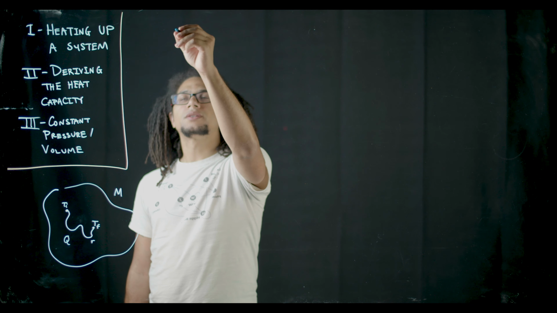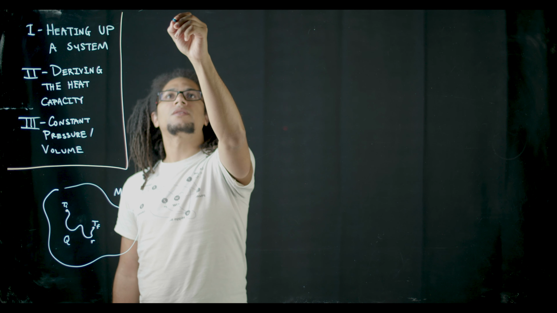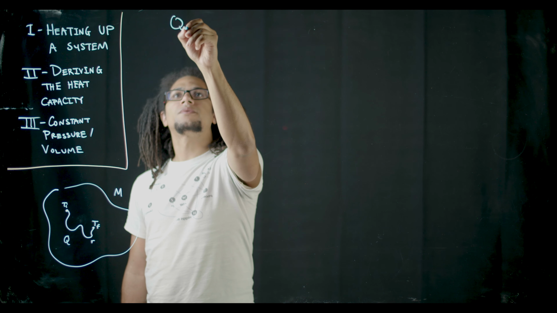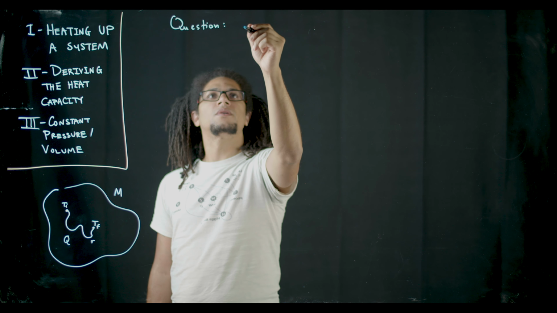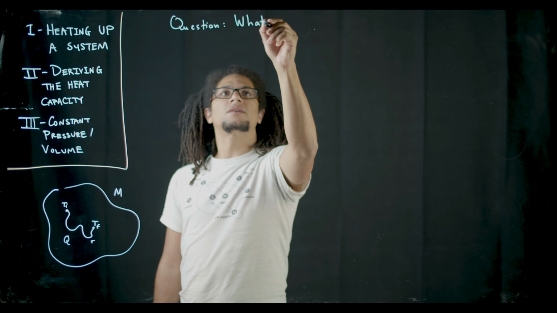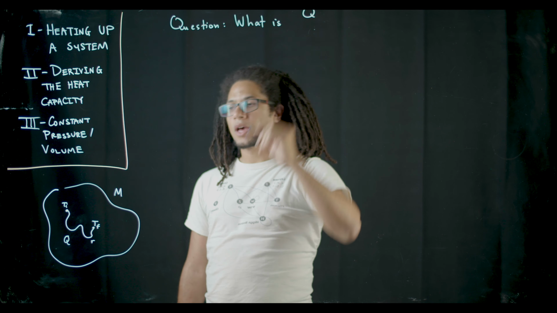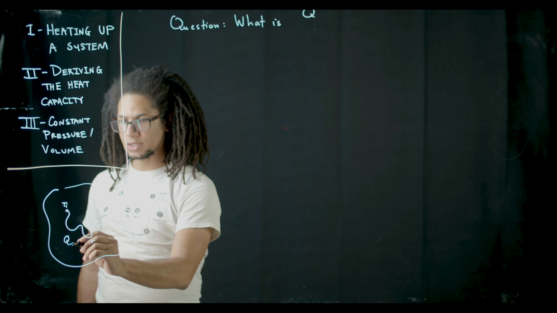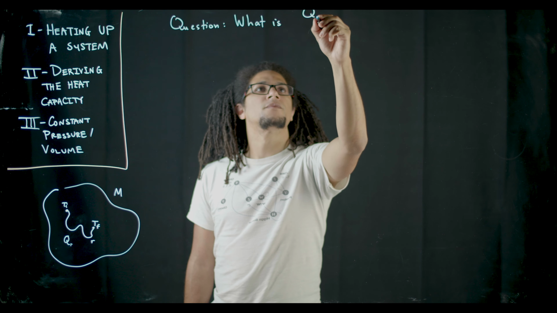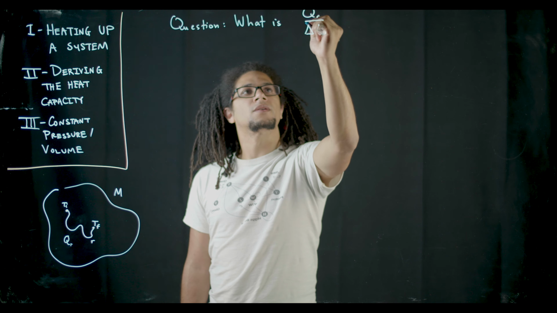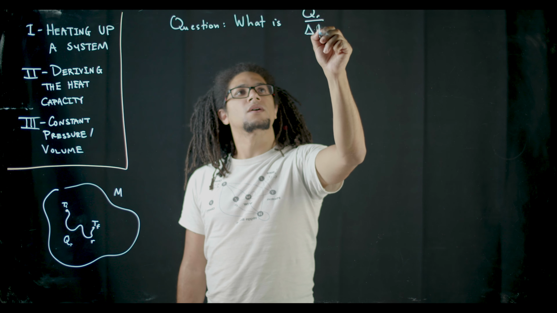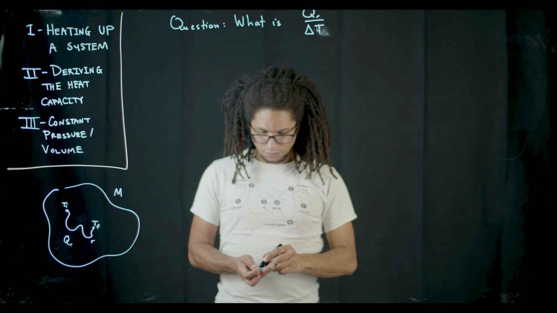More precisely, question, what is Q? And in fact, let me call this Q sub R because this is the path R, over delta T. Good.